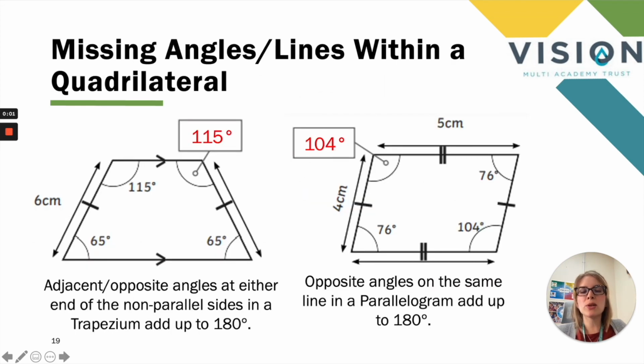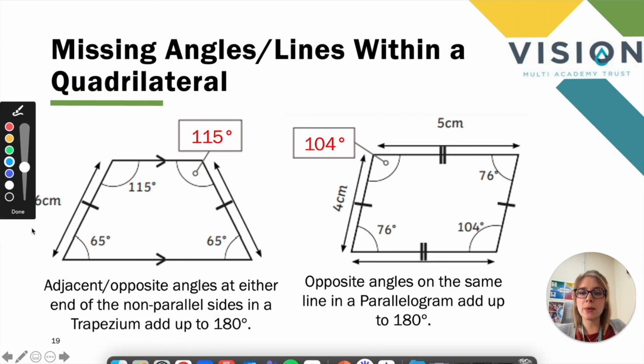So now we're going to be looking at missing angles or lines within a quadrilateral. We start by looking at the trapezium on the left. I've put there that adjacent or opposite angles at either end of the non-parallel lines in a trapezium add up to 180 degrees. We know from a previous part of the video that this arrow symbolises that the lines are parallel.